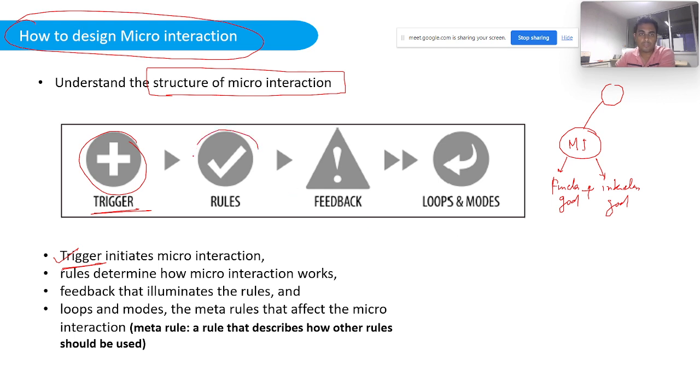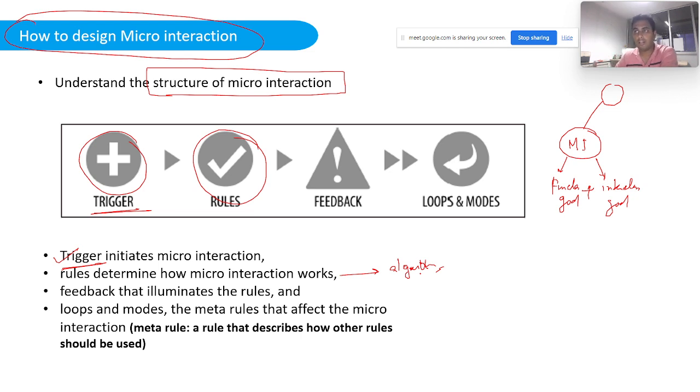Then rules. Rules are the set of logics for how the particular device will run, or what it will provide to the user. This is basically the algorithm part of a system. When we talk about an electronic device, or a web interface, it is the logic or the architecture.